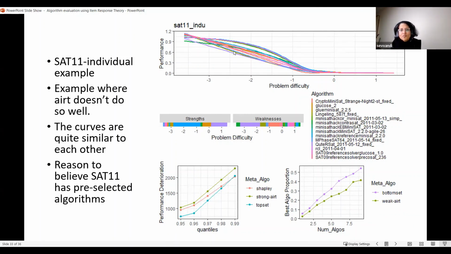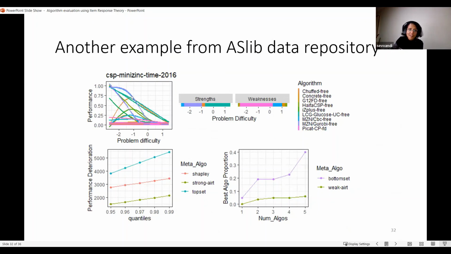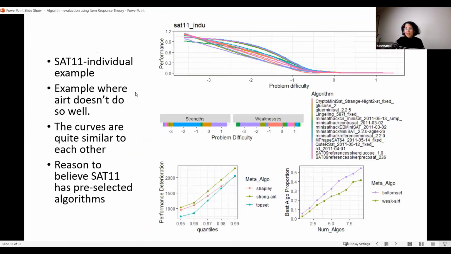But here's the other thing. All the curves look really similar here, compared with the other one where the curves are doing a dance. Here you have everything just going down like that.